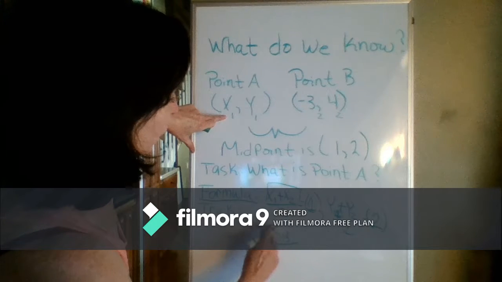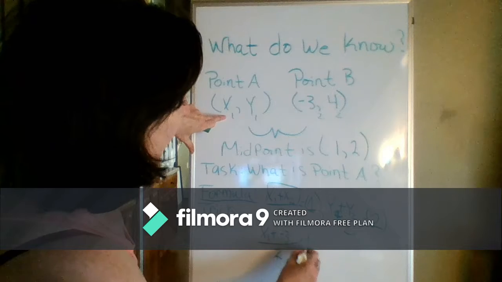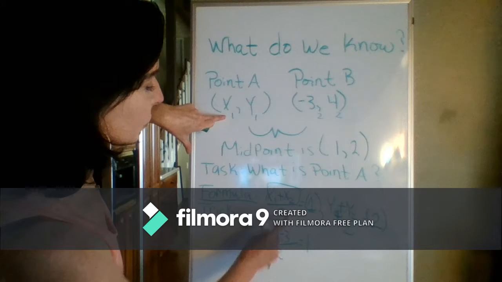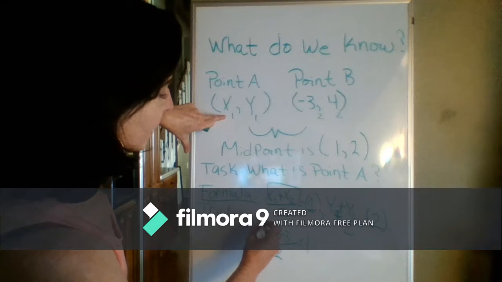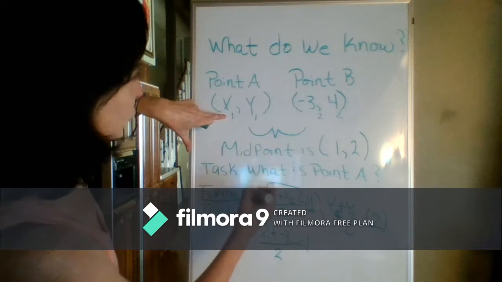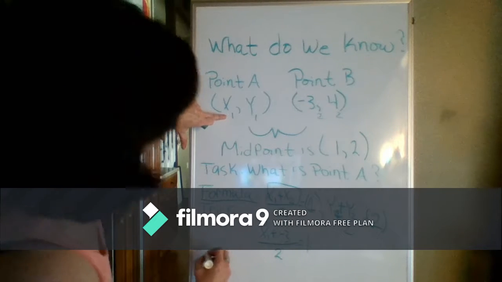So what number minus 3 when divided by 2 is 1? This has to equal 2, because 2 divided by 2 is 1. That means x1 must equal 5. So I've got my first coordinate. I really don't need to do any more work because I can already see the answer in my answer choices.